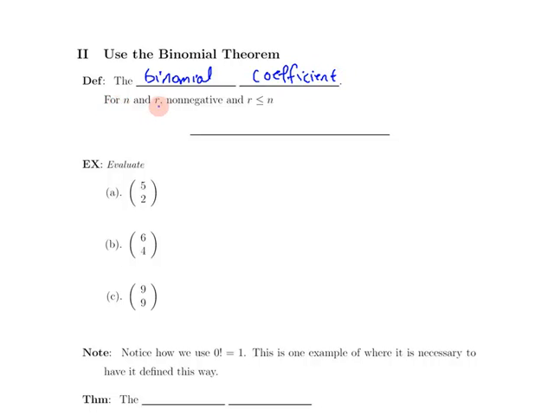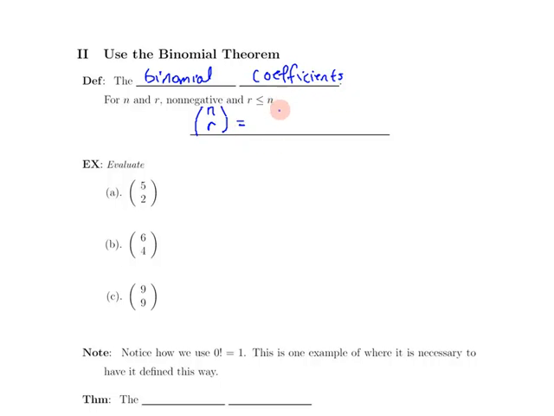For an n and an r, where they're both non-negative and r is some number from 0 up to n, we would write in parentheses an n and an r, but no bar. It's not a fraction, it's just the notation for binomial coefficients. It is given by this formula.